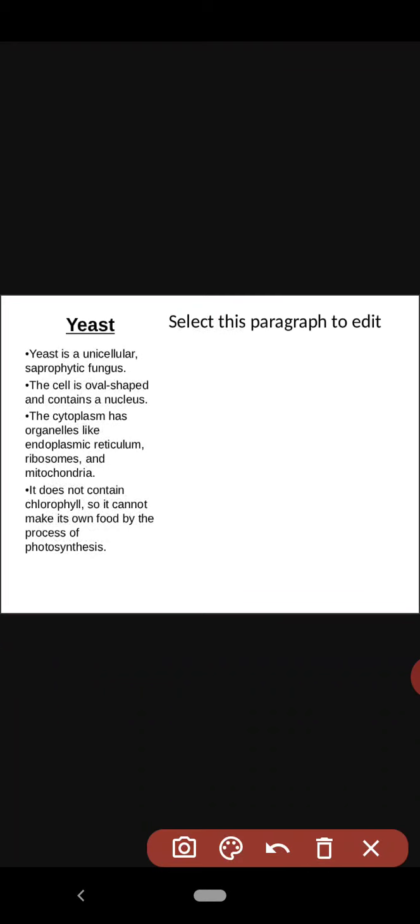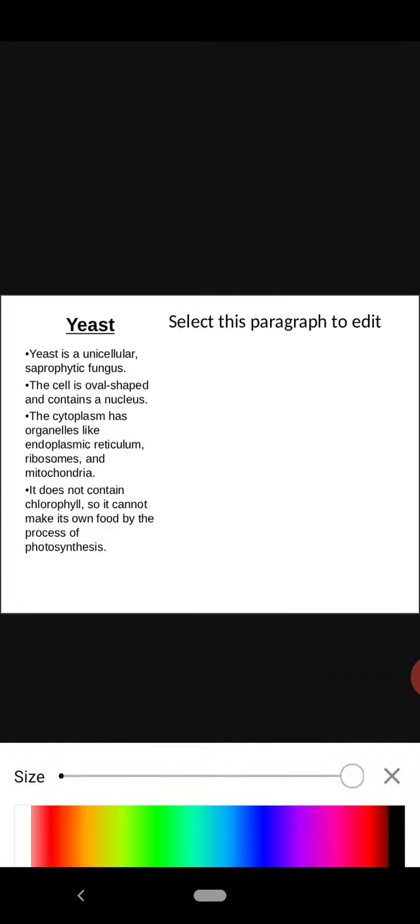The cell is oval shaped and contains a nucleus.